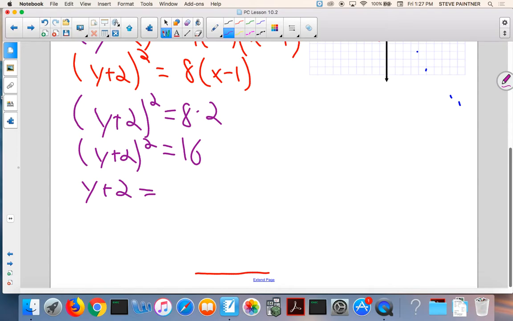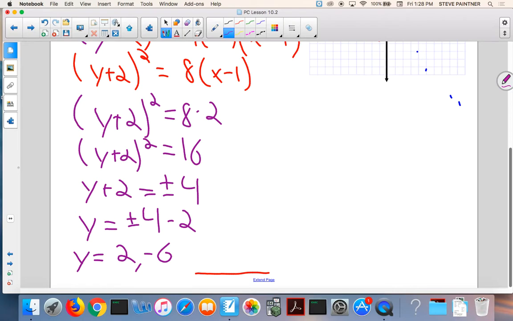Right. Plus or minus 4. Two answers here. Plus or minus 4, minus 2. What are my 2 answers? 2 and what? Negative 6, yep. 4 minus 2 is 2. Negative 4 minus 2 is negative 6.